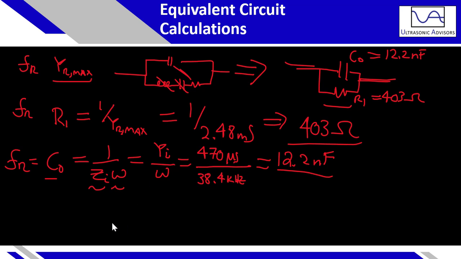The other point I think I need to mention is the conversion between impedance and admittance. So if you were to have a spreadsheet of impedance magnitude and phase of impedance, the magnitude of admittance is equal to 1 over the magnitude of impedance.